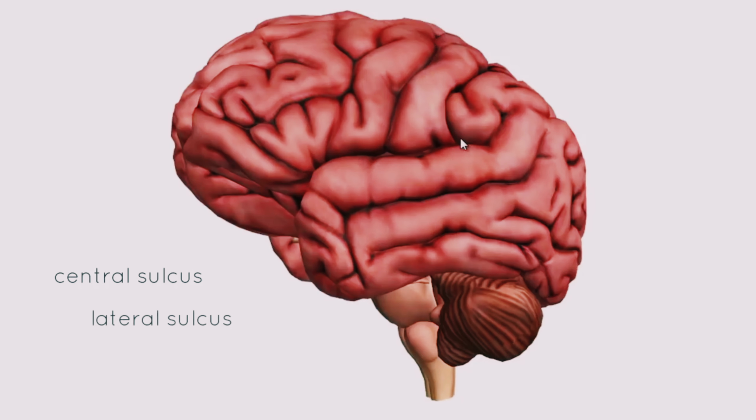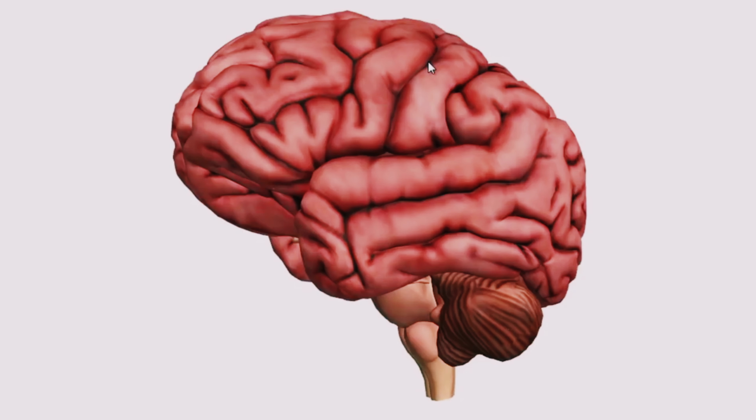And I'll do another tutorial which goes through all these different grooves and ridges. But the reason I showed you these 2 sulci is because they can be used to separate some functionally important lobes of the brain.